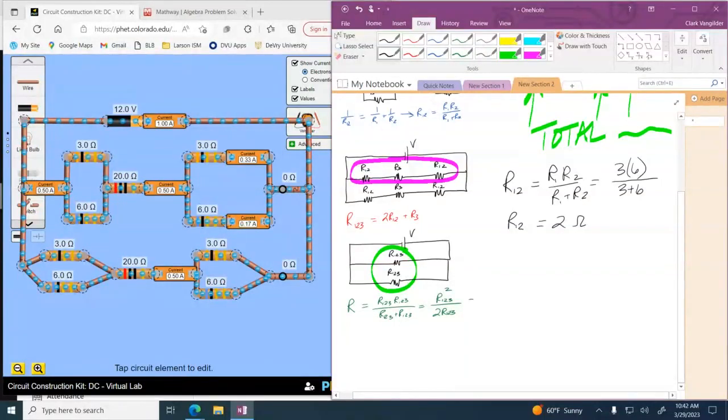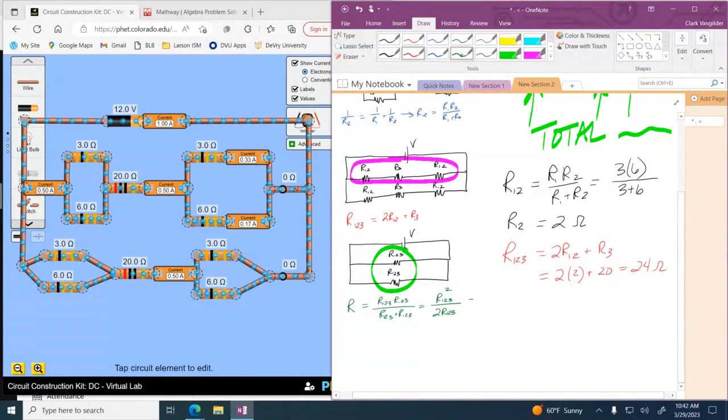So then I would pass that forward. Meant to use blue, but forgot. So R123, that equivalent resistance, is 2 R12 plus R3, which is 2 times 2 plus 20, which is 24 ohms.